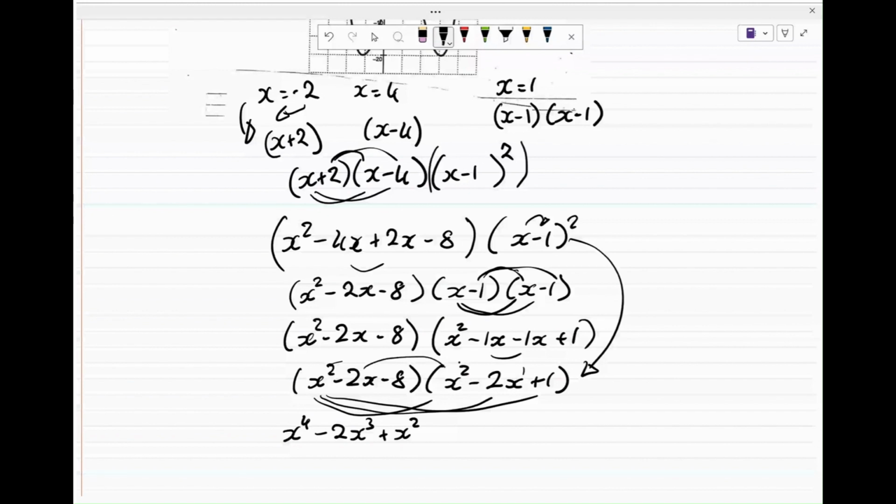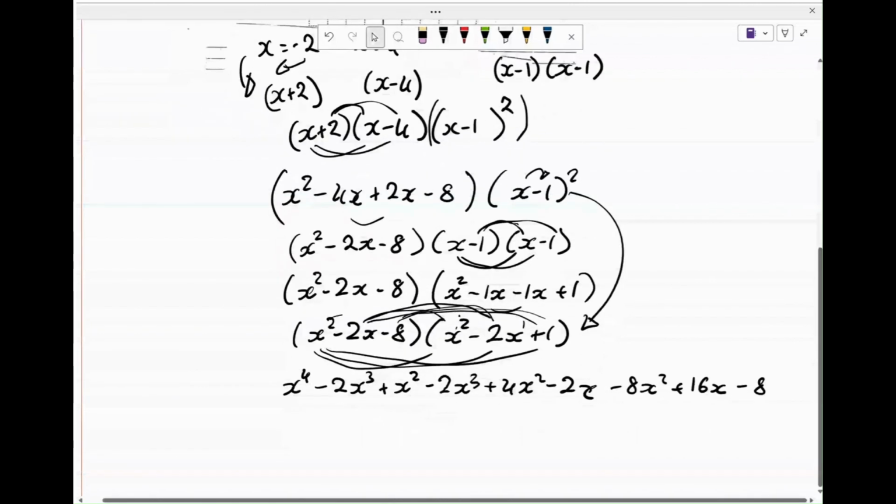Minus 2x times x squared is minus 2x cubed, sorry, this one should be cubed. Minus 2x times minus 2x is positive 4x squared. And minus 2x times 1 is just minus 2x. Minus 8 times x squared. Minus 8 times minus 2x. And minus 8 times 1 is minus 8.